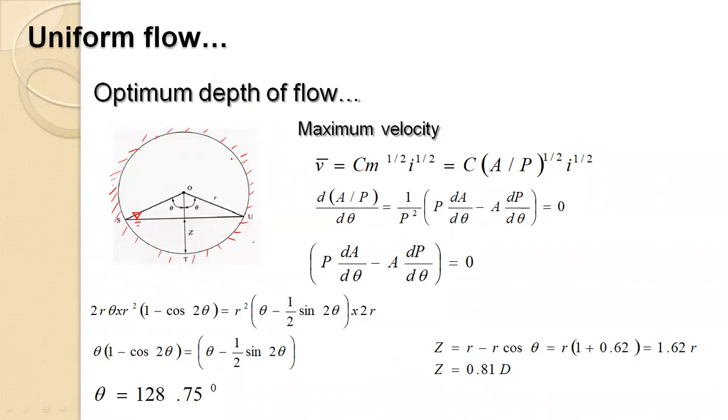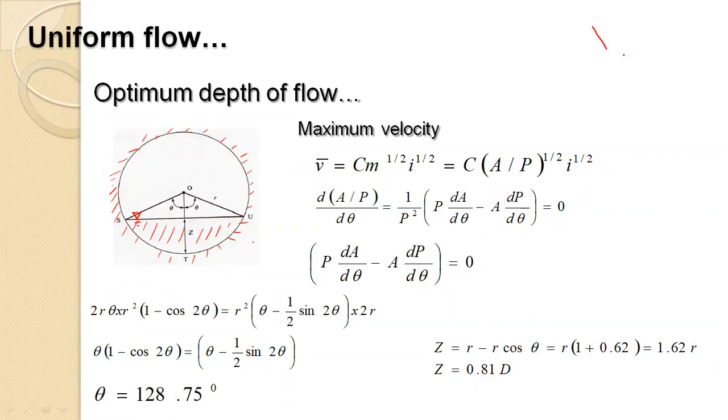Area of the section is dependent on the diameter. And if you take the water depth, the flow area, this water flowing area is now dependent on Z, right? This flow area is dependent on Z because this boundary is basically fixed.